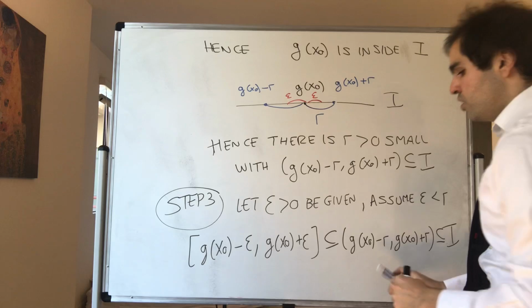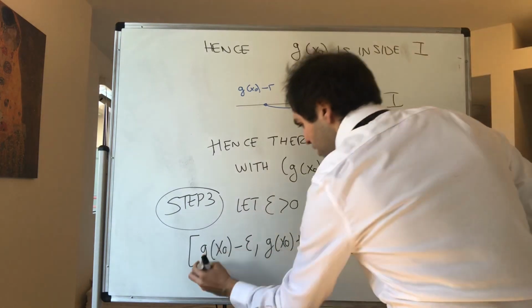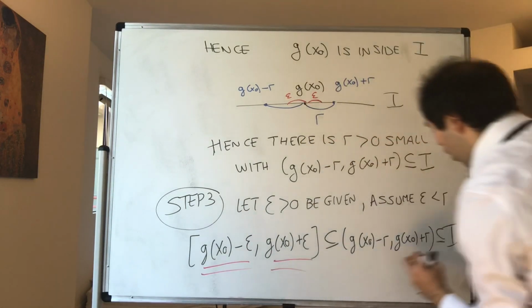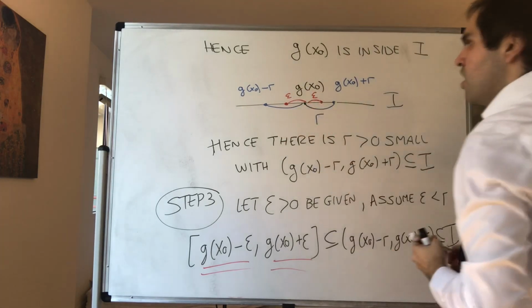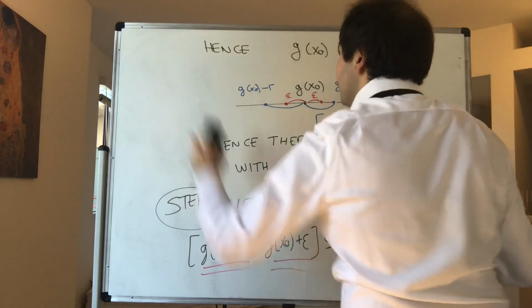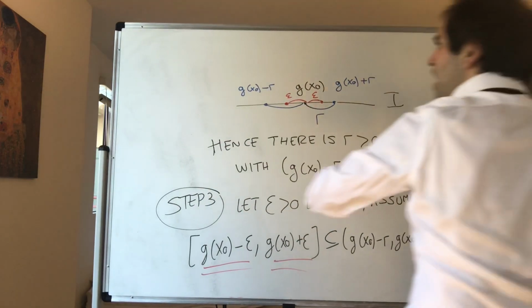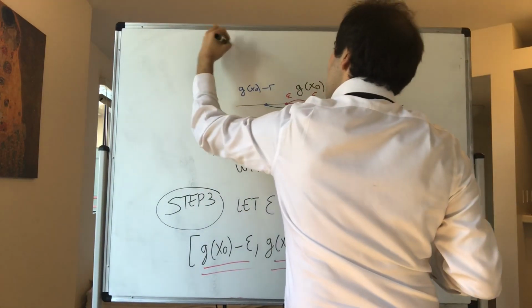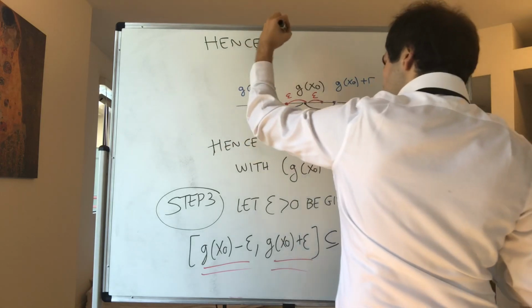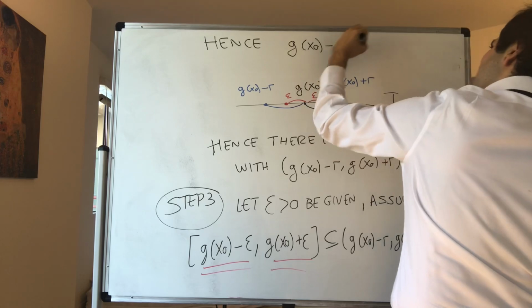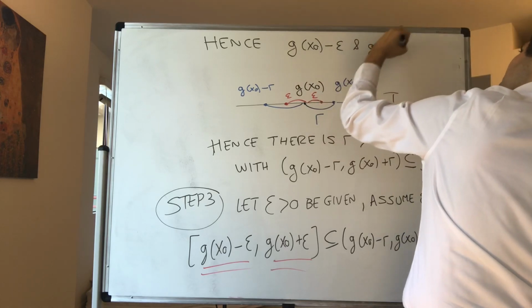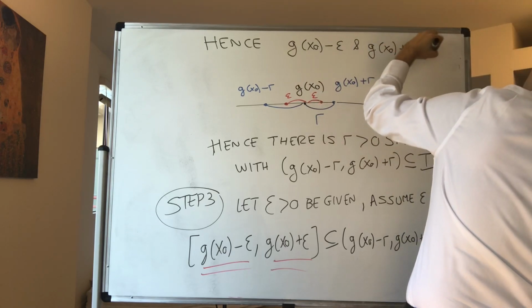In particular, the two endpoints here are in I. Hence, we know that g of x naught minus epsilon and g of x naught plus epsilon are in I.